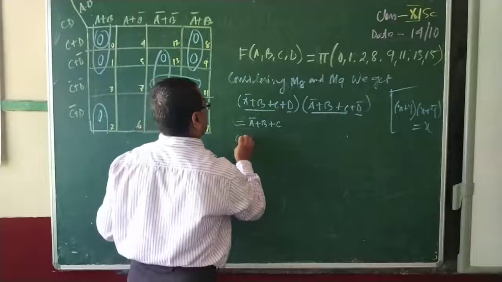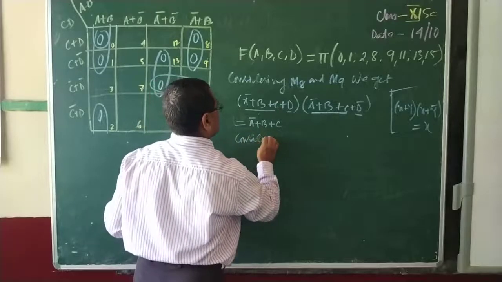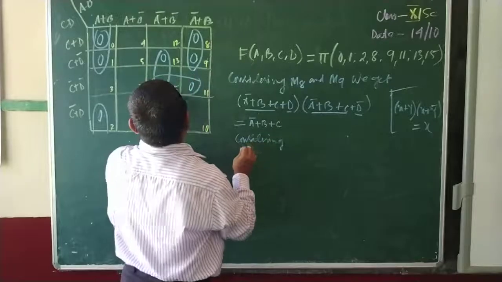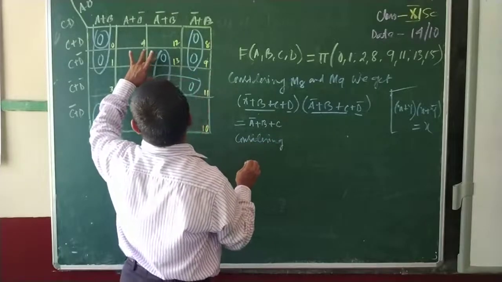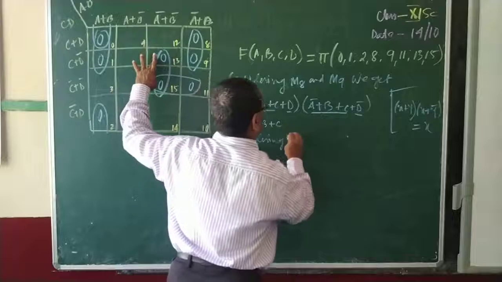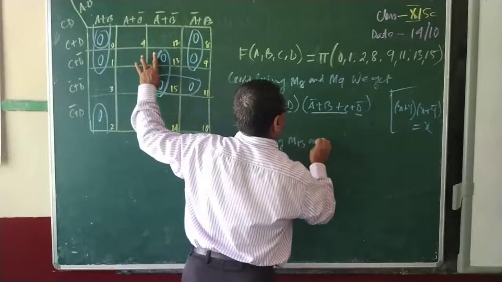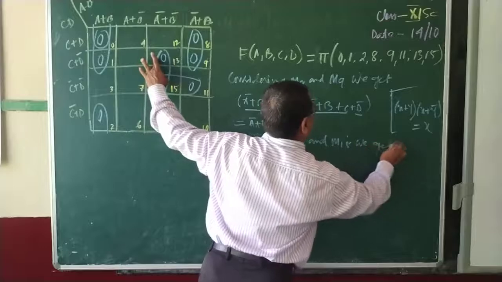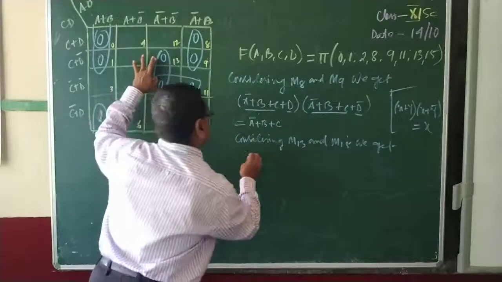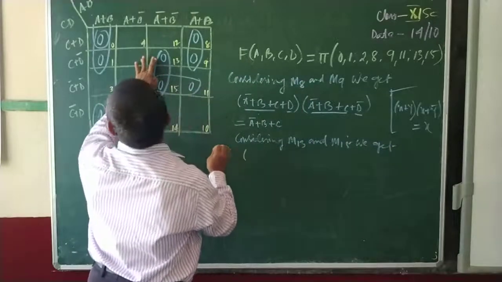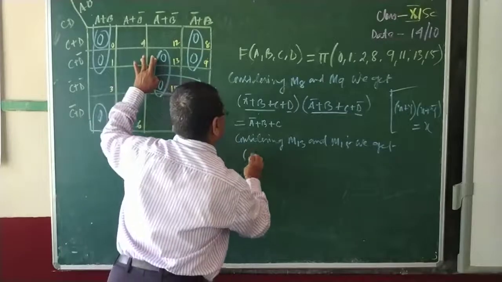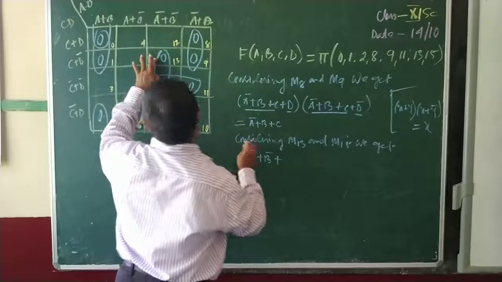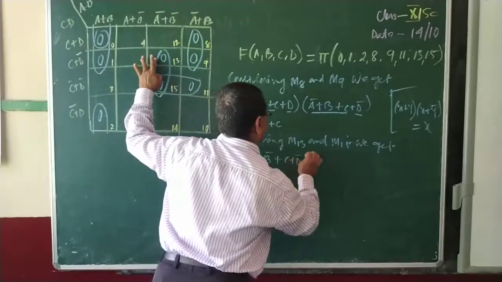Now again, considering this is over, this one you can consider M13 and M15. Considering M13 and M15, what are we getting? M13: A complement plus B complement plus C plus D complement.